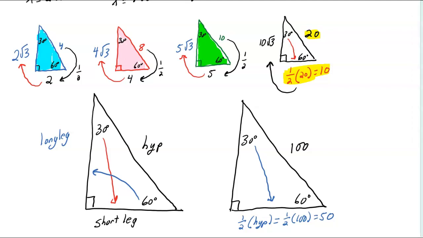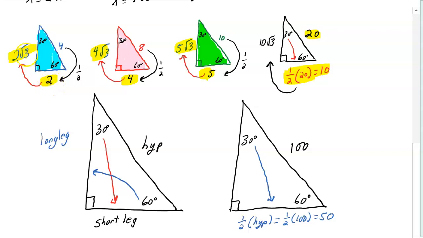And then we also learned that across from the 60-degree angle, if you look at the pattern, it's always the short leg times root 3. So I'm highlighting this in yellow. So you'll notice we have the short leg is 5, long leg 5 root 3. Short leg 4, long leg 4 root 3.